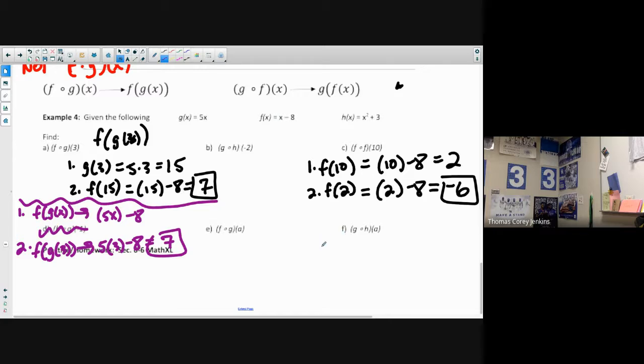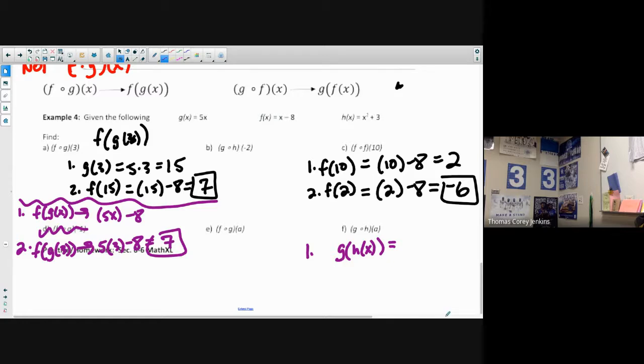All right, so my step 1 here is going to be to find g of h of x. We take our rule for g of x and sub in this rule for x, right? So that would be 5 times the quantity x squared plus 3.